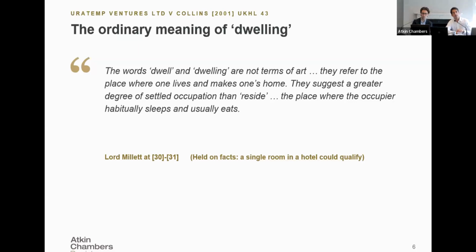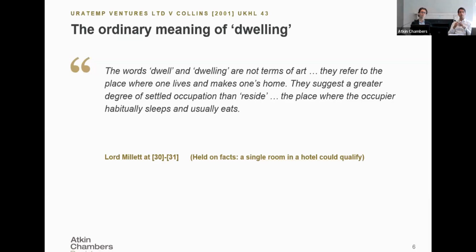The next interesting part of this judgment for our purposes comes from lines 2 and 3. They suggest a greater degree of settled occupation than reside. And as Nick and I are going to come on to with our examples of student accommodation or care homes, sometimes in the name or the contract, you'll see residency agreement, or you'll describe someone as a care home resident.